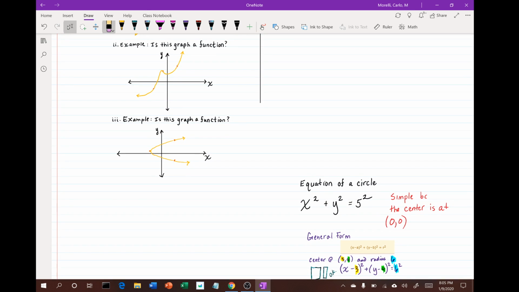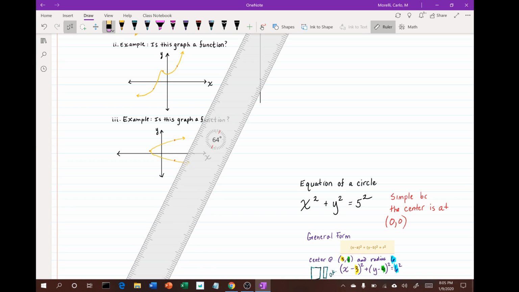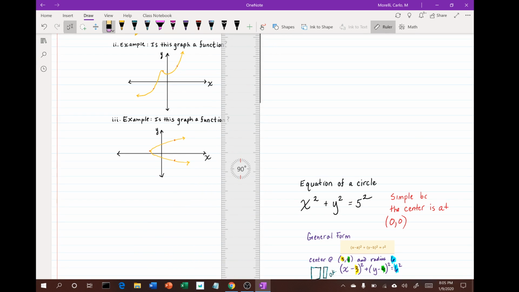Got to extend down this line. Okay. I know one thing I was going to do is I was going to time myself writing this stuff down so I could see.